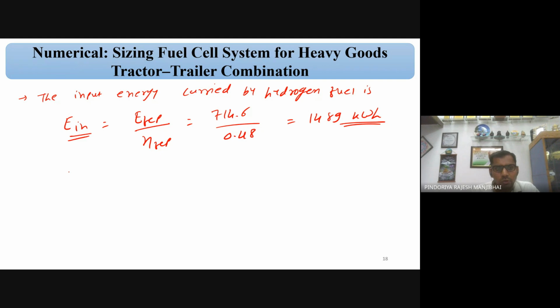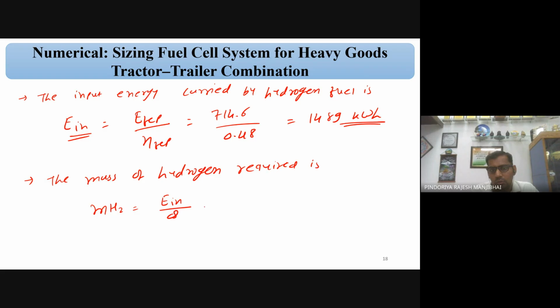The mass of the hydrogen required, mH2, is equal to E in divided by Q. So E in we already calculated, 1489 divided by Q. Q is nothing but 33.33 because it is a constant.